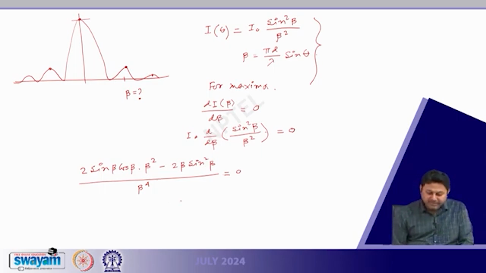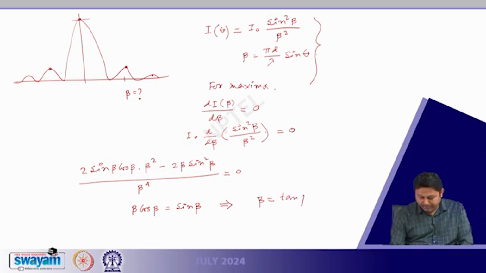From that it is easy to show that beta cos beta is equal to sine beta. This is the condition we have, and that condition simply leads to beta equal to tan beta.